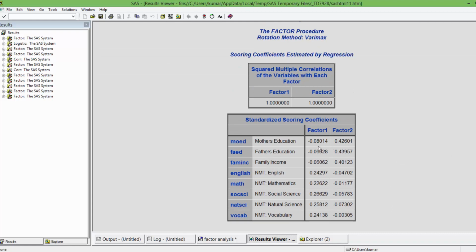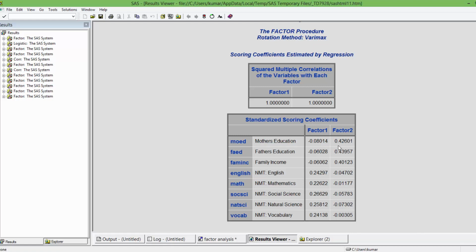Now look at the factor loadings. In the unrotated output, the difference between the factor loadings for mother education was very little, right? 0.6 and 0.4. Look here, 0.4 and 0.08.